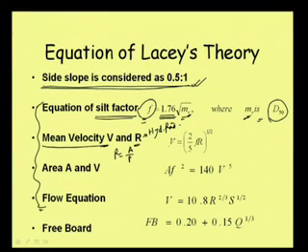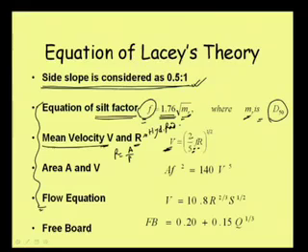And here this is the velocity which we try to achieve, and it is given as root over 2 by 5 F R. Again, silt factor is playing a role here. In most of the formulas that he has given, the silt factor has a vital role, so the determination of the silt factor is very important. So V is equal to root over 2 by 5 F into R to the power half. So, that relation he gave.